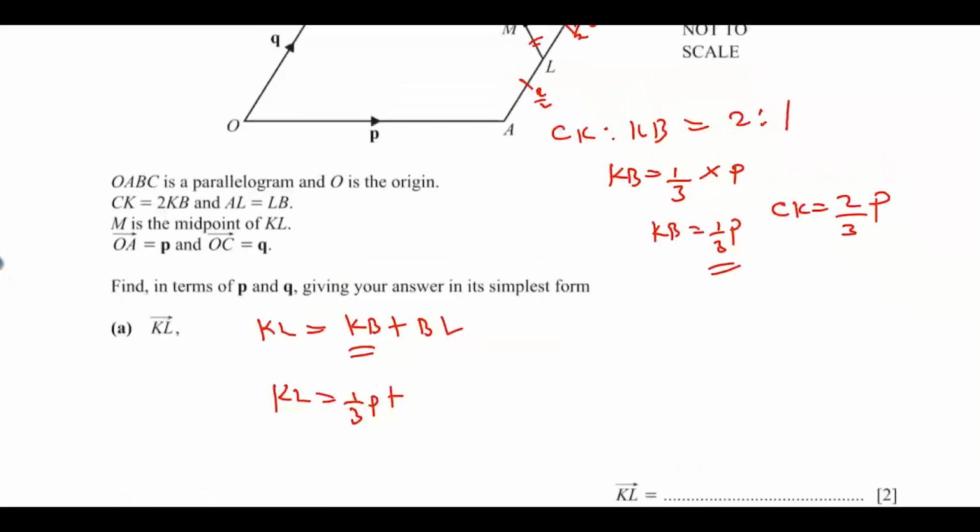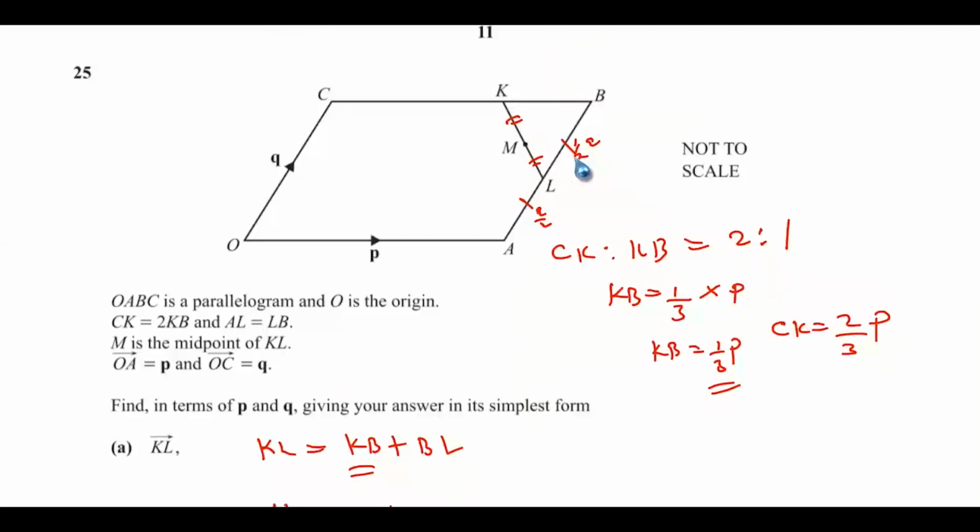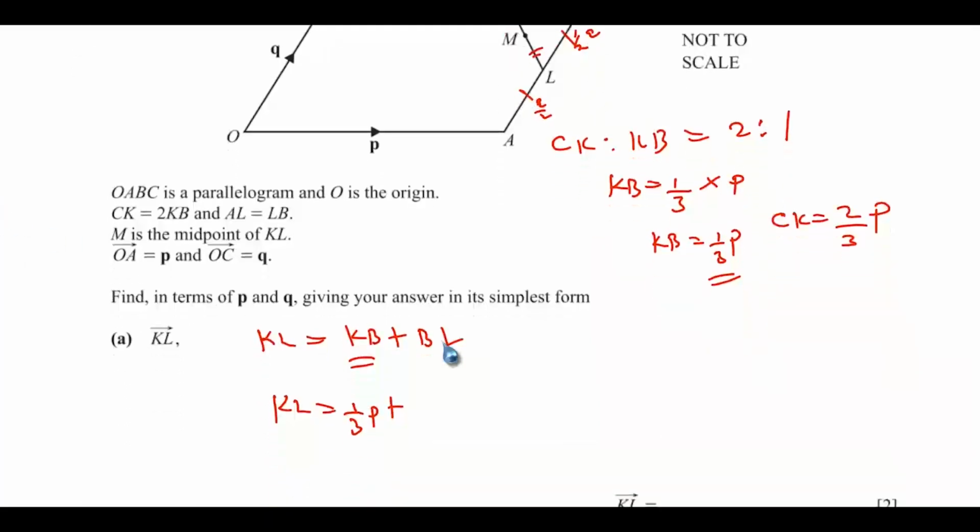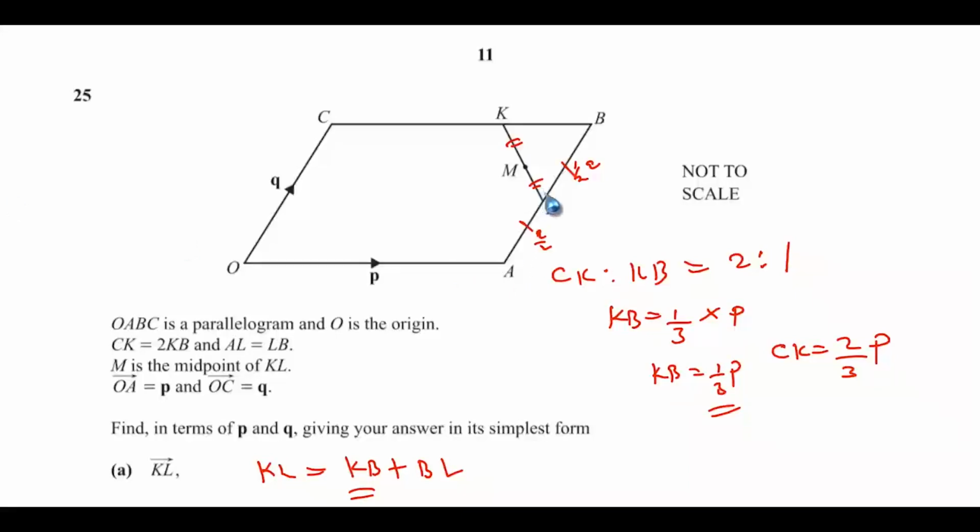BL is minus 1 over 2, because we have LB equal to 1 over 2 multiplied by Q. So BL will be negative, okay, so minus 1 over 2 Q. And finally, KL will be equal to 1 over 3 P minus 1 over 2 Q. Look at the direction of vectors AL and LB.